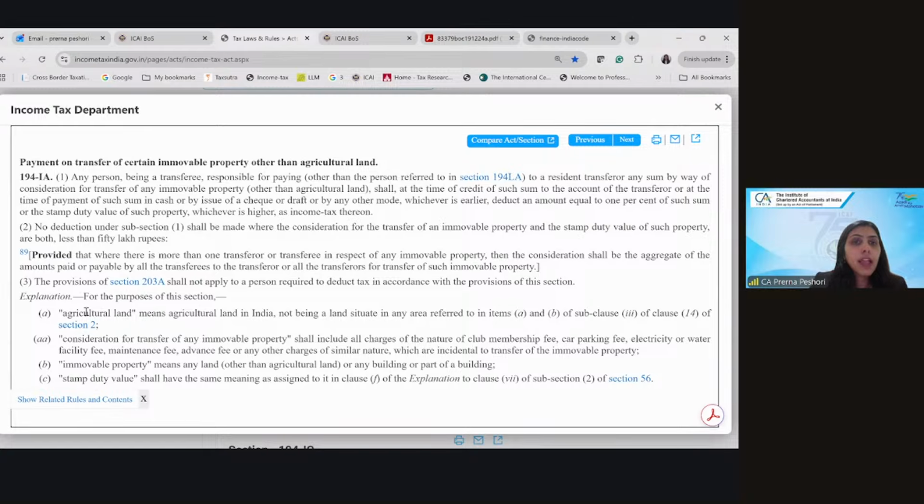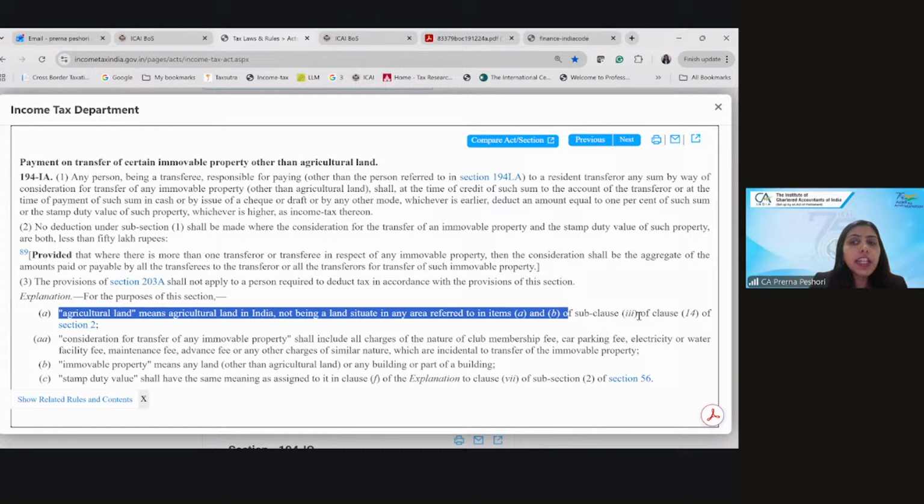Clear, ma'am. Here, they have said agricultural land means agricultural land in India not being a land situated in an area referred to in 2(14). 2(14), do you remember? What was it? Capital asset definition. It excluded the rural agricultural land.